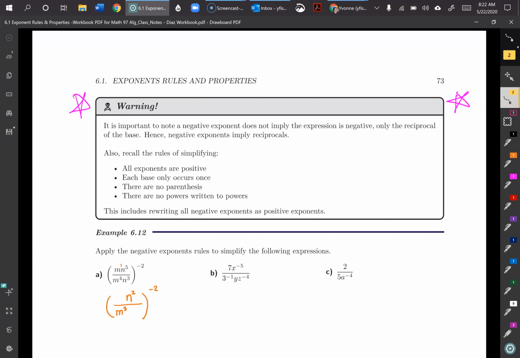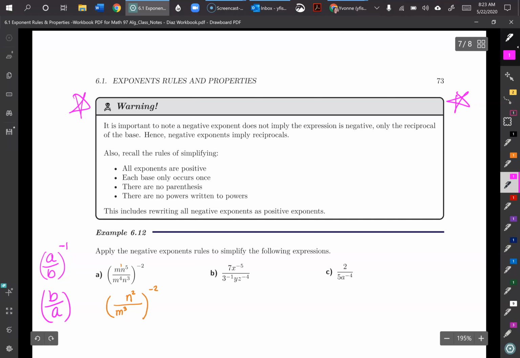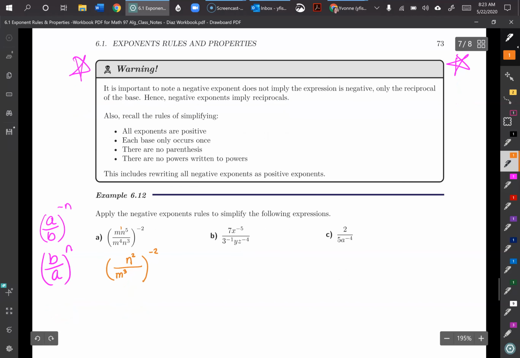Now I'm going to apply the rule. I'll write it down over here. This one here, (a/b) to the -n is (b/a) to the positive n. So I'm just going to flip this around.